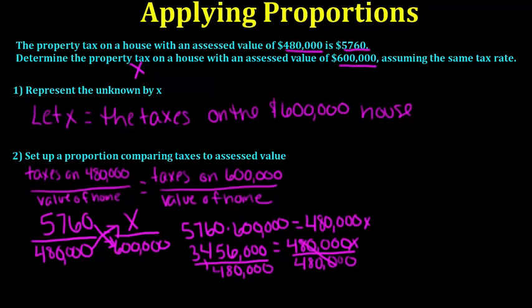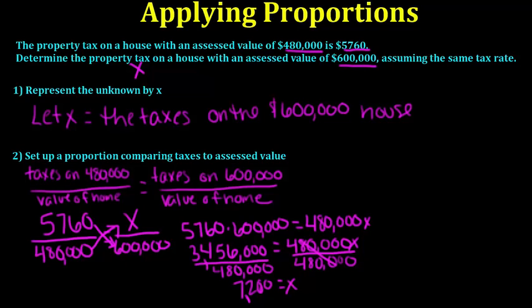So 3,456,000 divided by 480,000 will give us 7,200, is equal to x. Now we always want to check our answer.